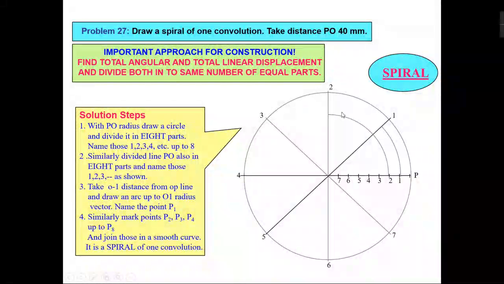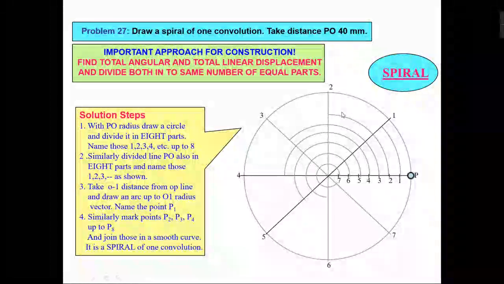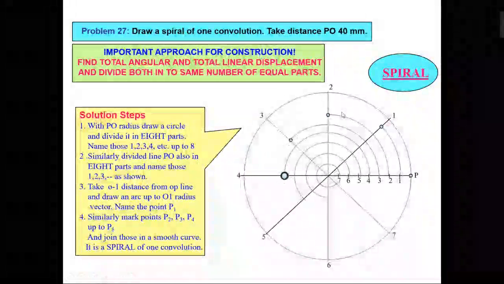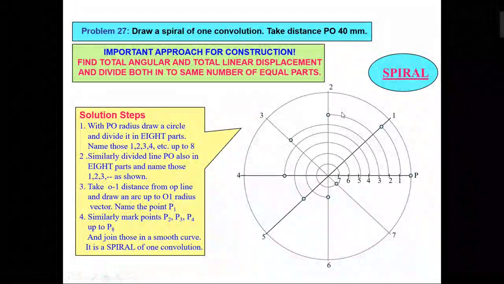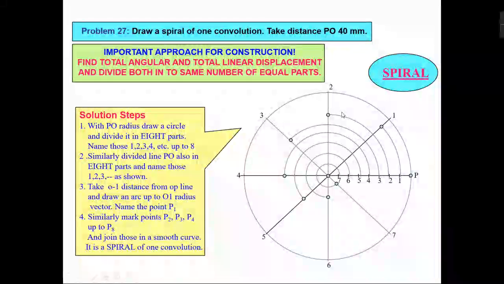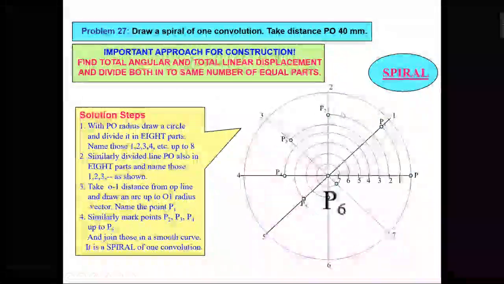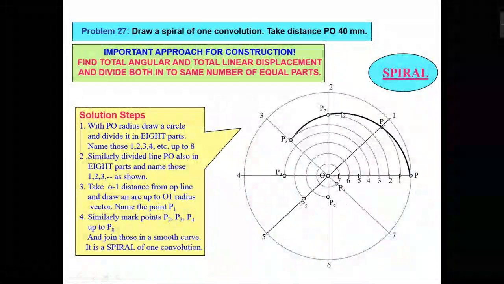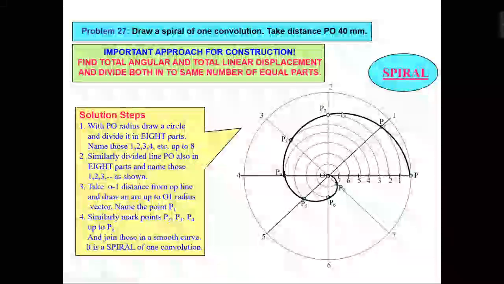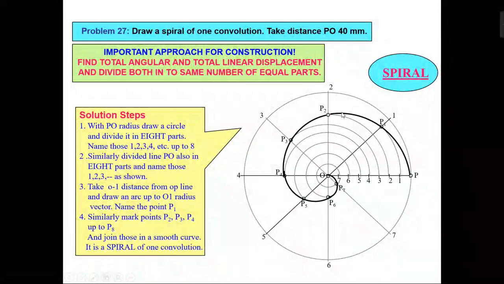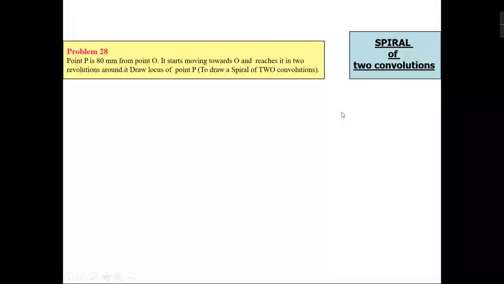In a similar way I will do it for every position of the point, and I will get the spiral curve. At the end I can join them with the help of a French curve, or you can also do freehand drawing.